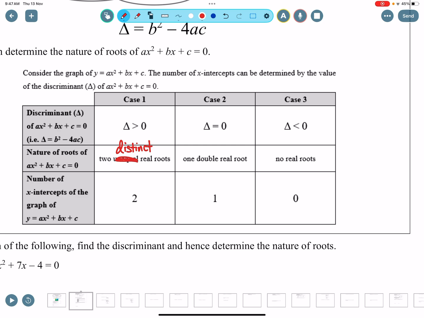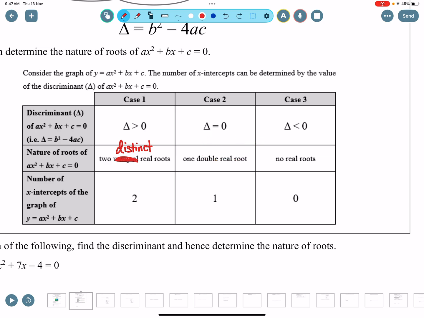Now for case number 2, when triangle equals 0, you would have one answer. So that's called one double real root. The word double means like when you're trying to solve your equation, you might end up with the same answer, x equals 1, x equals 1 for a quadratic. You probably experienced this in chapter 1. This is called one double root, like they're duplicate.